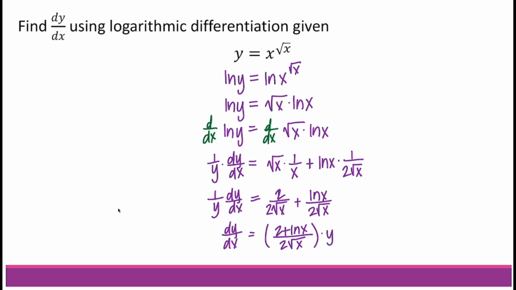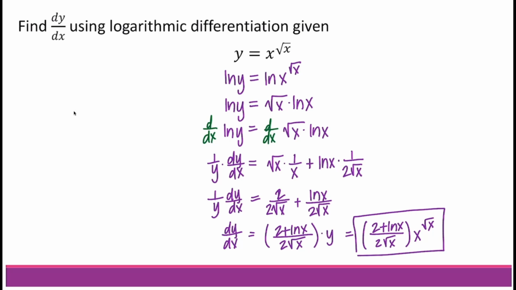So now the final answer is just replacing y with x to the square root of x so that I end up with a function of x. So this is my derivative.